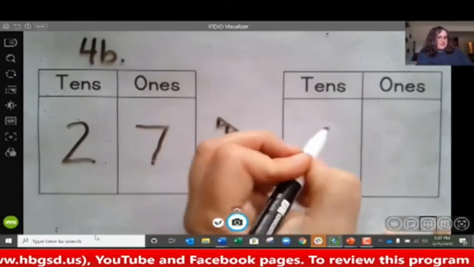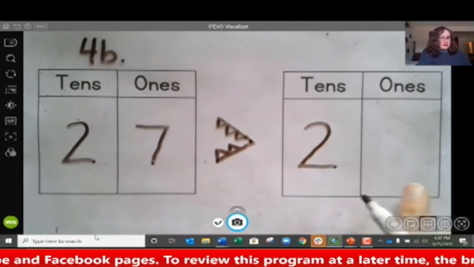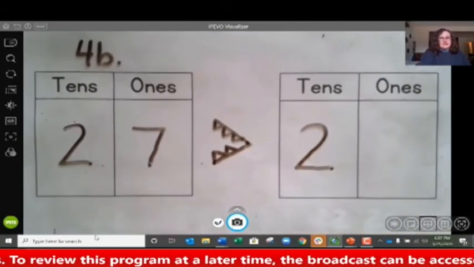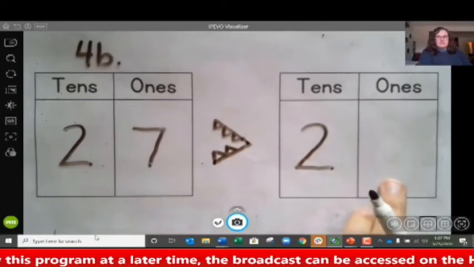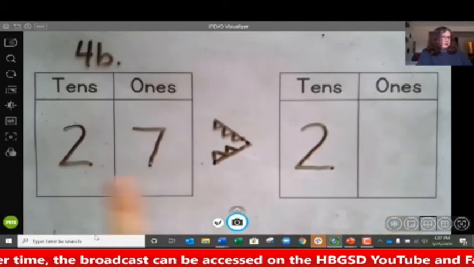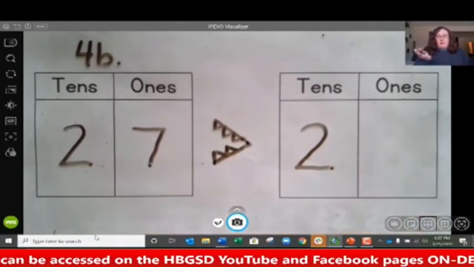And then in the next box, there's a 2 in the tens place on the place value chart and the other number is blank. Our job is to decide what number can we write in the ones place that would make this number sentence true. 27 is greater than 20 what?